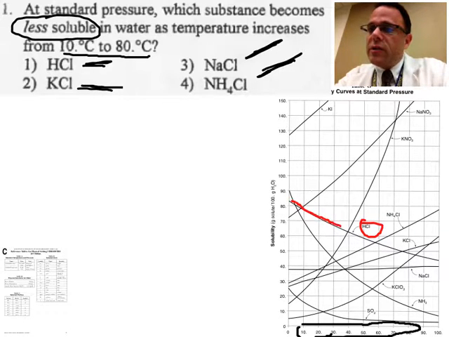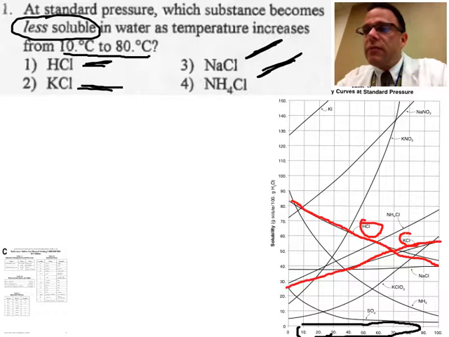So we're talking about this line. KCl is right here, so we are talking about this line. Forgive me that I'm off the line a little bit. NaCl, this line. And ammonium chloride, this line.